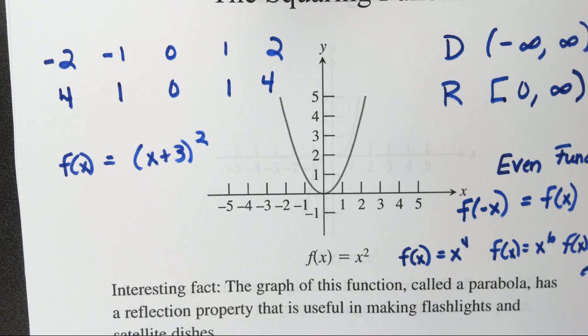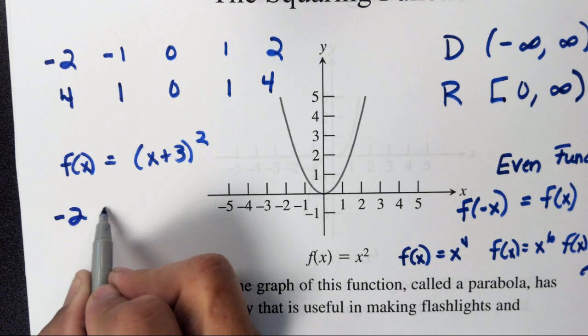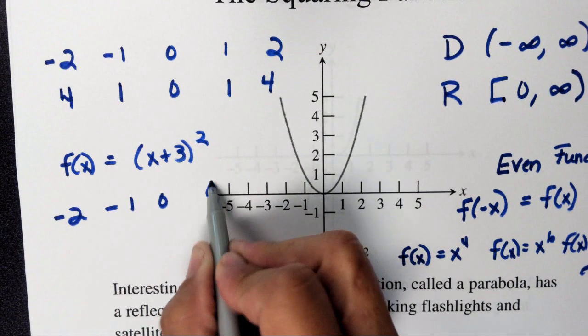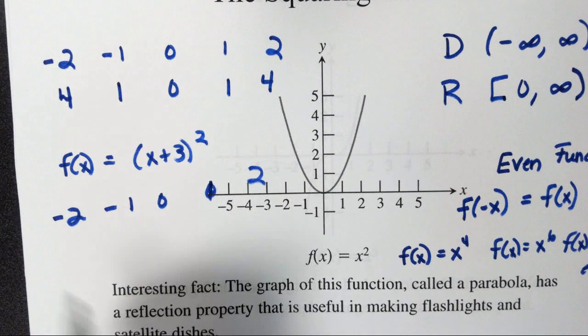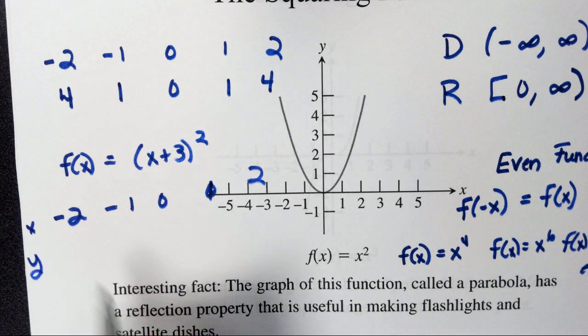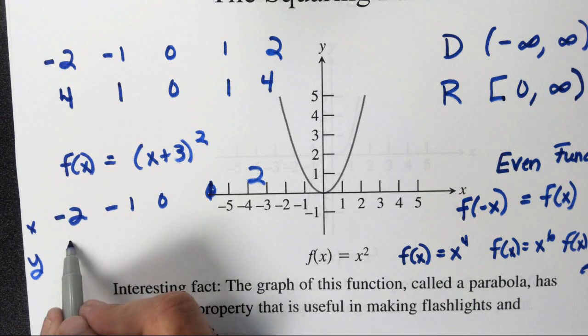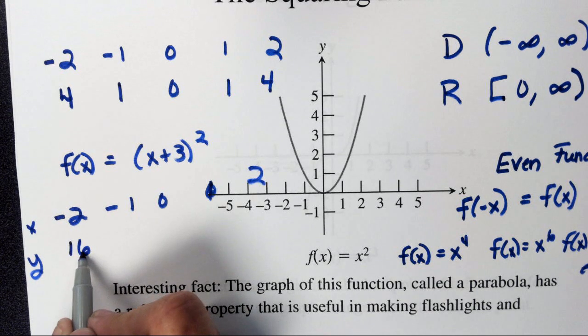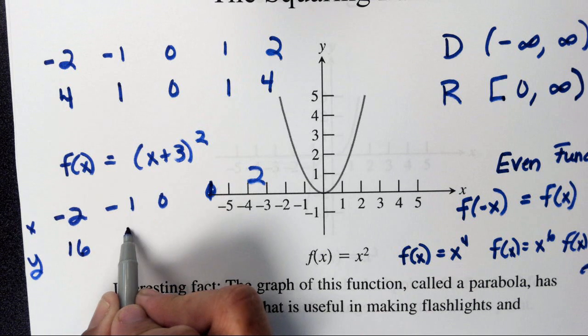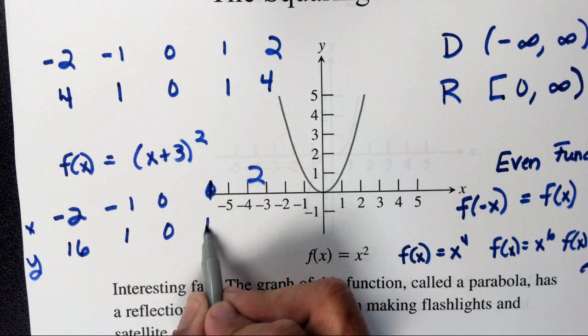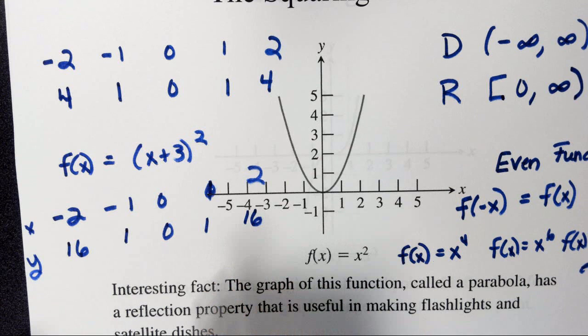Now, if I change it to x to the 4th, do I change the bottom line? Is it going to change the y? What is negative 2 times negative 2 times negative 2 times negative 2? 16. 1, 0, 1, and which is why it becomes skinnier.